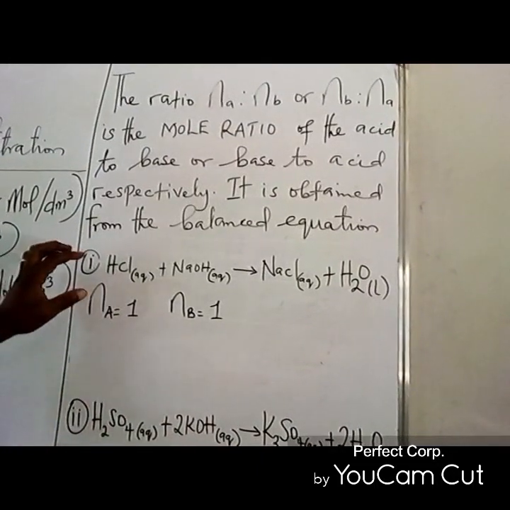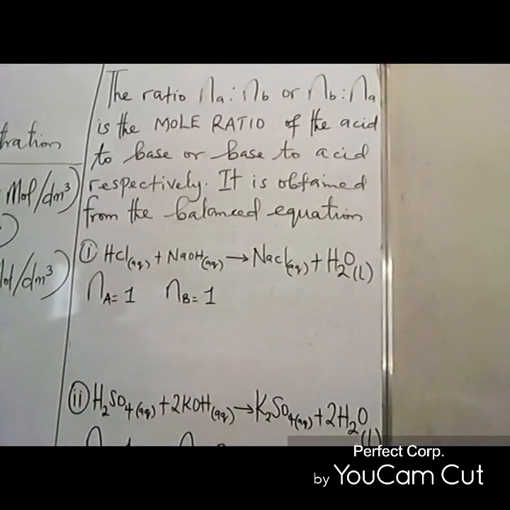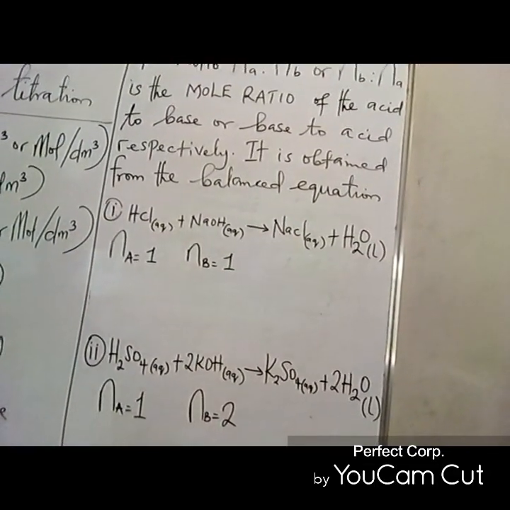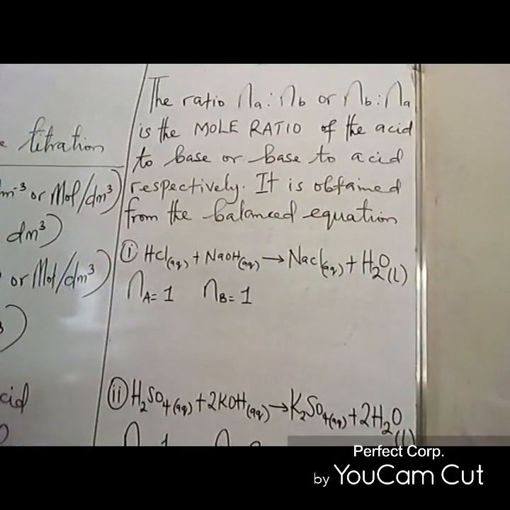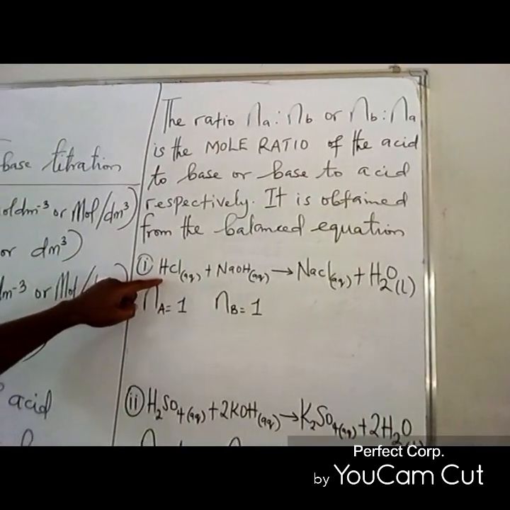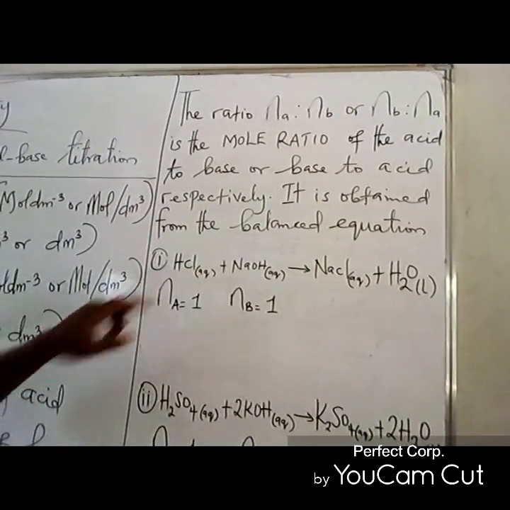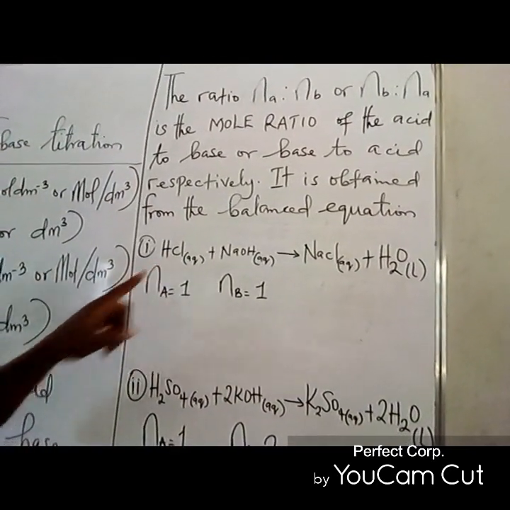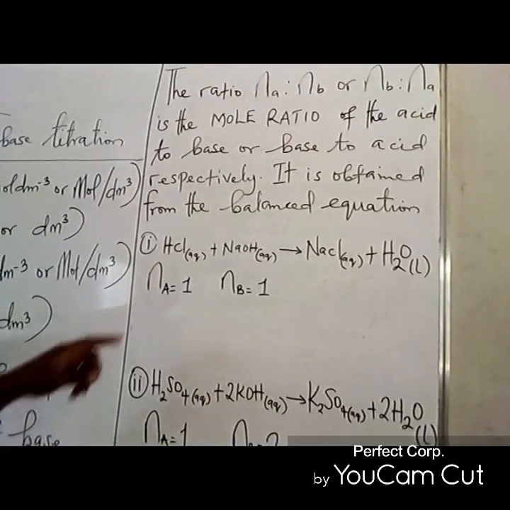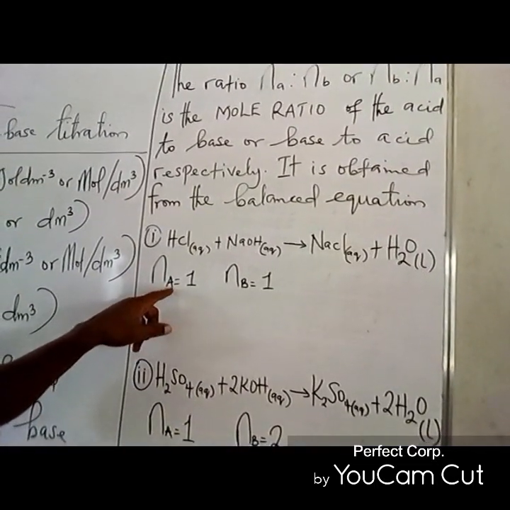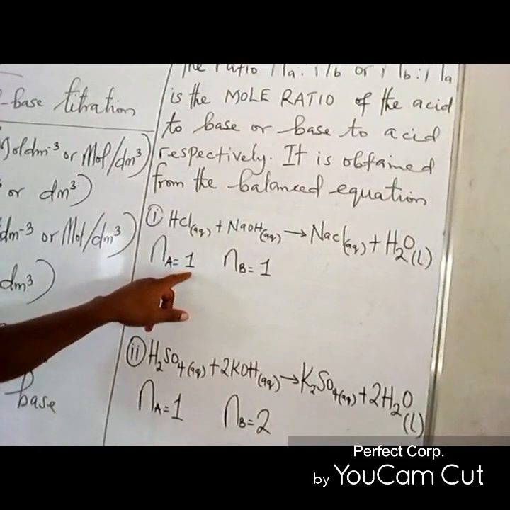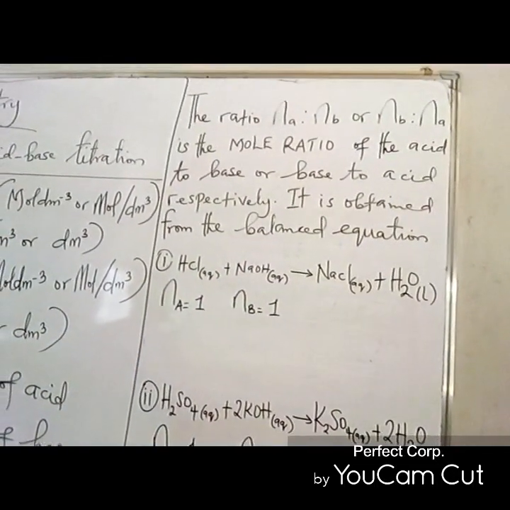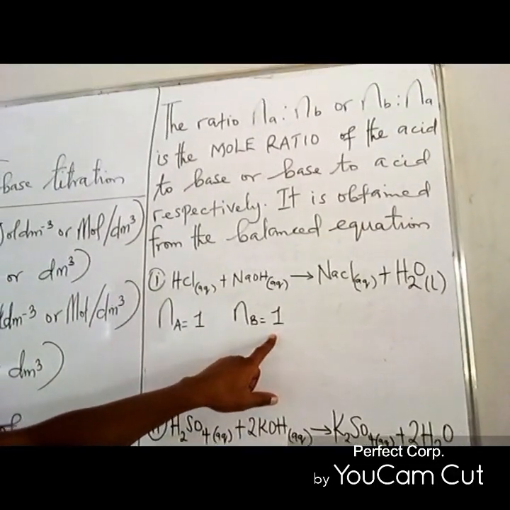Now, when you're able to differentiate the two reagents from the equation, you now check the number or amount of moles of each of these reagents. Now take for example for hydrochloric acid, the basicity of hydrochloric acid here is 1. That is why you are seeing Na, that is number of acid or amount of acid is equal to 1. While for base, the basicity of base here is equally 1.